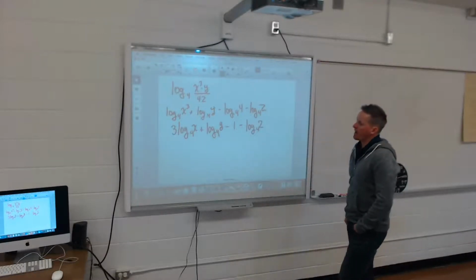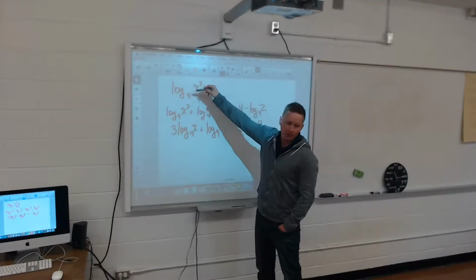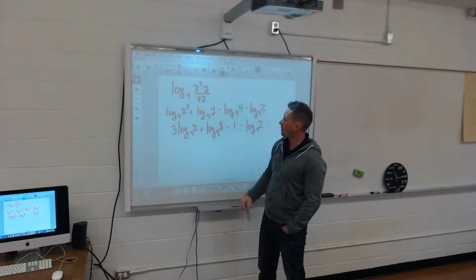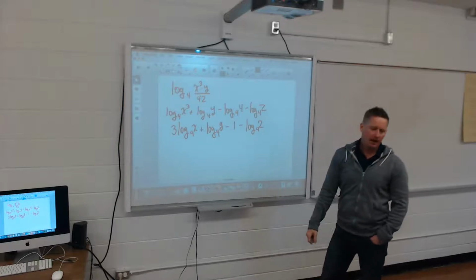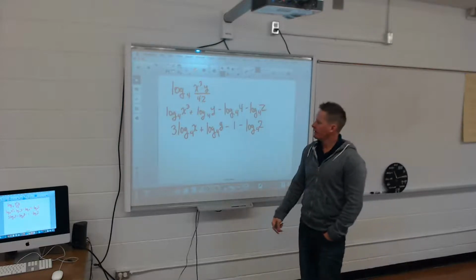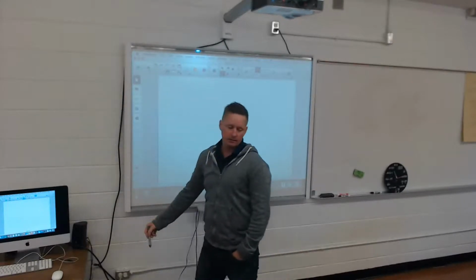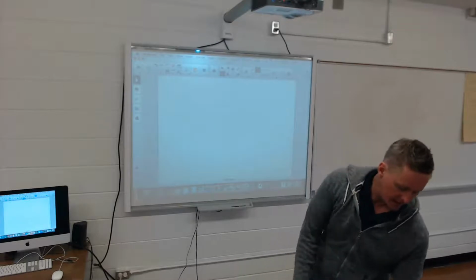So there's your expanded form of this. If it's on top, in the numerator position, all right, I'm adding them. If it's down below, I have to subtract both of them. And then at that point, I try and simplify the rest of the solution. Okay, so now let's look at B.